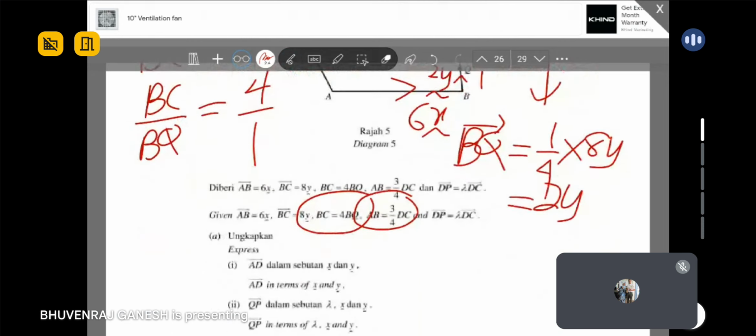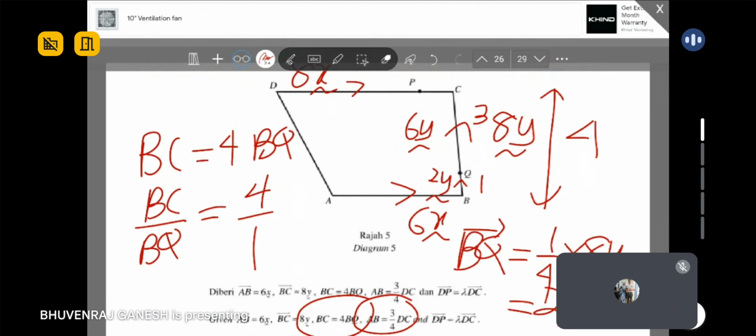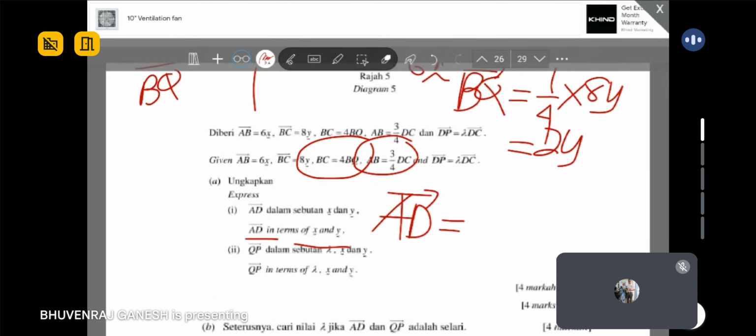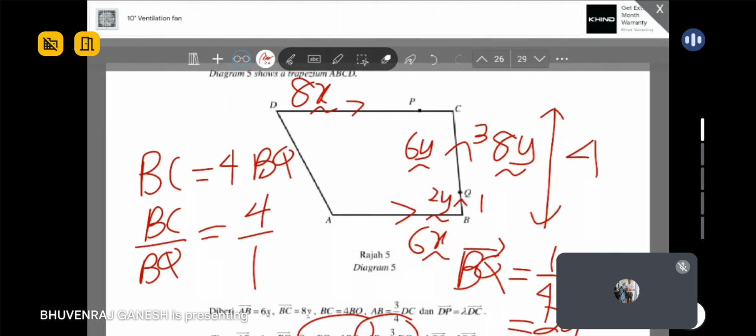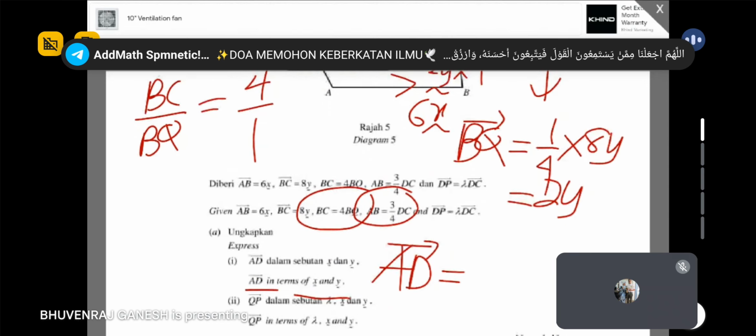Kamu dapat tengok soalan. Okay, so now express AD in term of x and y. Okay, so you need to use the combination lah of vector. Okay, so AD equal to what guys? AD equal to what? Can you all tell me? Final answer also can. This 8x is for the whole thing guys. 8x ni untuk seluruh DC. Okay. So anyone?